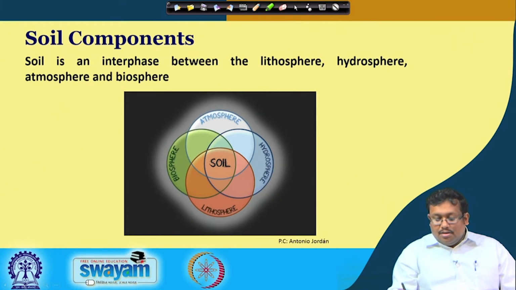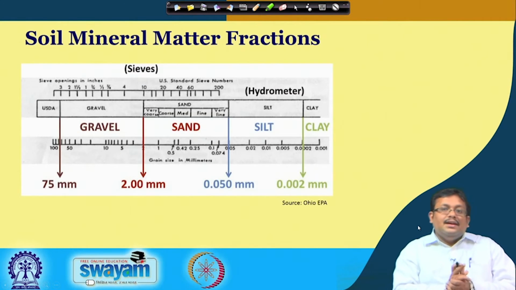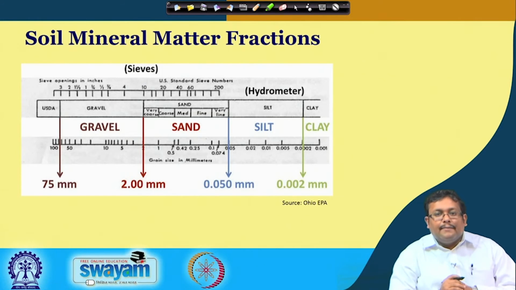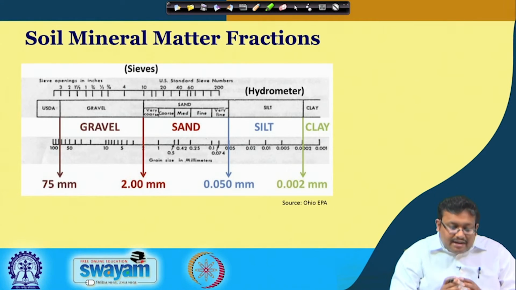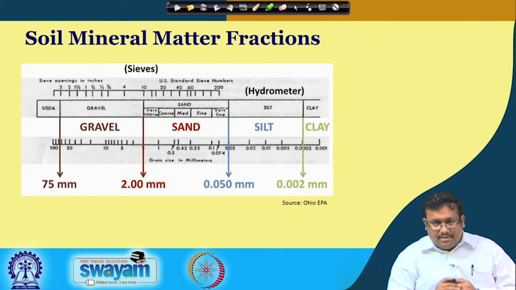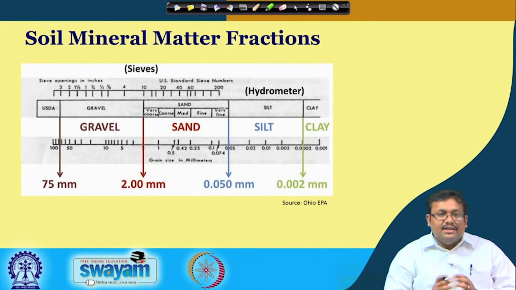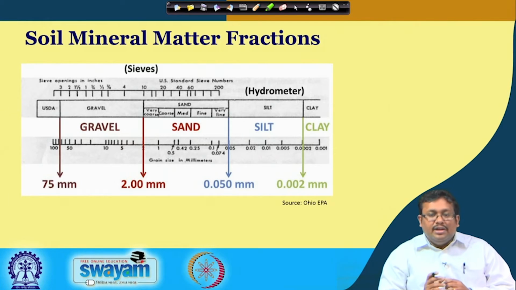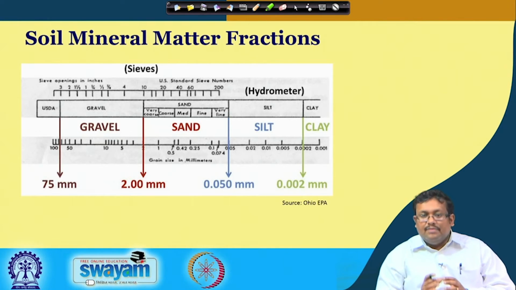Okay. So, let us consider the soil mineral matter. Soil mineral matter fractions are basically divided into several separates or categories. Now, from the perspective of soil science, we generally term as soil particles with a diameter of less than 2 millimeter. Anything with a particle size greater than 2 millimeter, we generally do not term as soil.